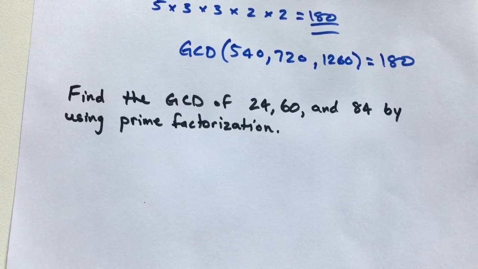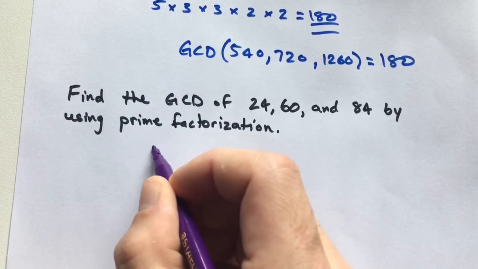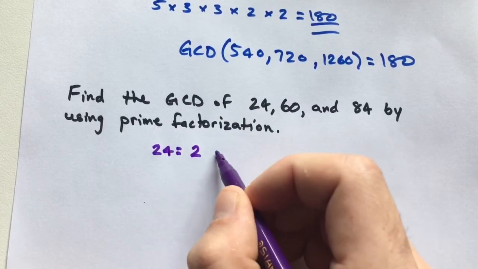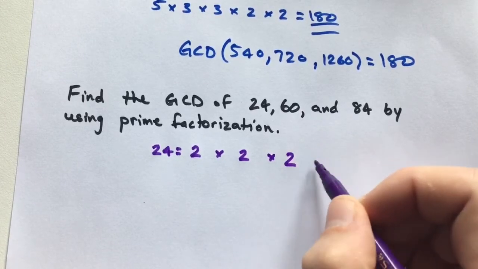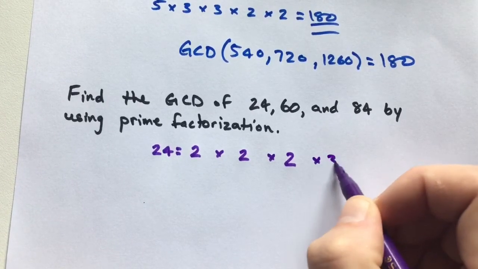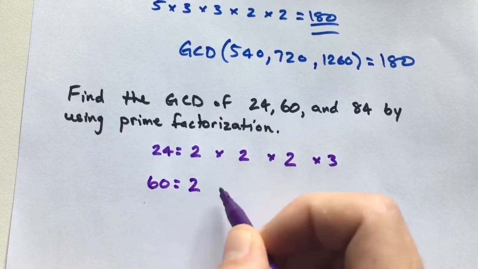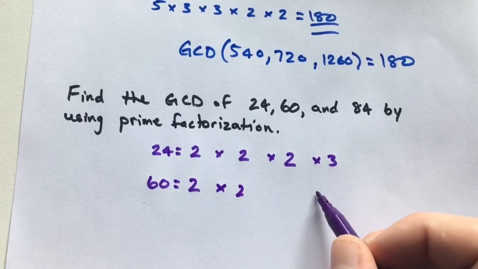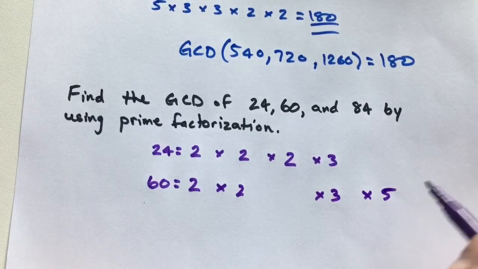So let's use a purple pen this time. Alright, so 24 factorized is equal to 2 times 2 times 2 times 3. 60 in factorized form is 2 times 2, and I'm going to leave a gap here, you'll see why in a second, times 3 times 5.